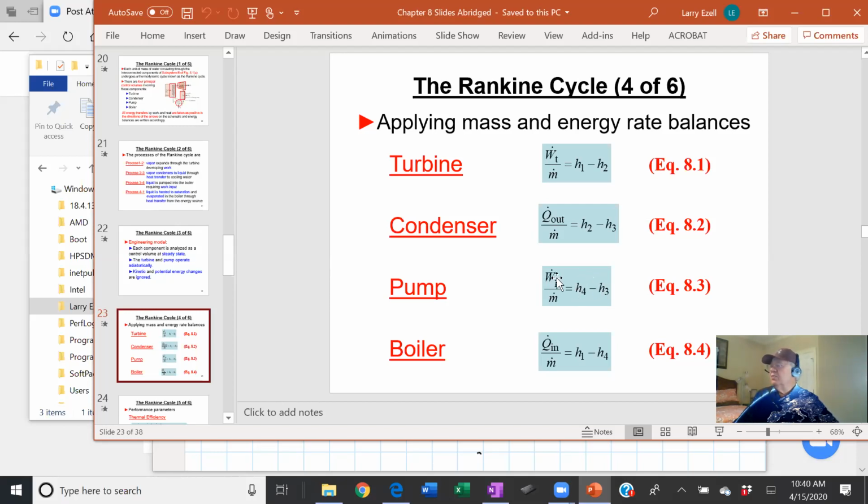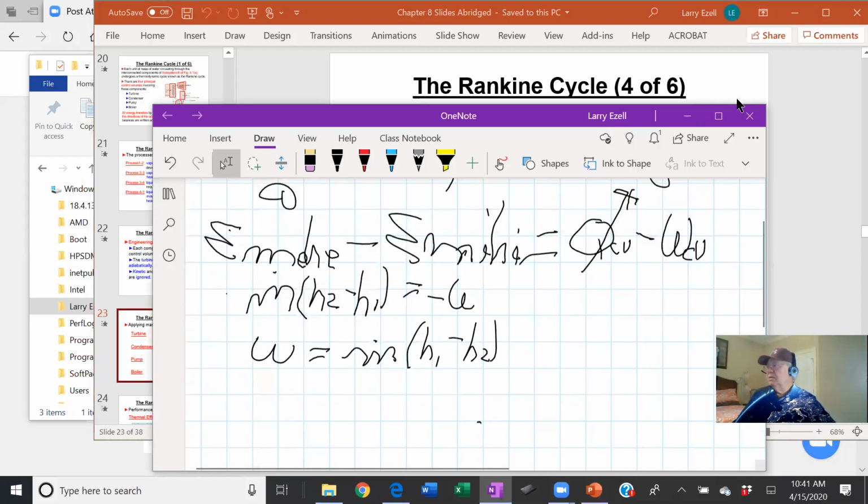If you actually go through the equation for the pump, you'd get h3 minus h4 and come out with a negative number. And then you algebraically combine it with the others. I don't think that's going to throw you off. Let me try to show you what that is.